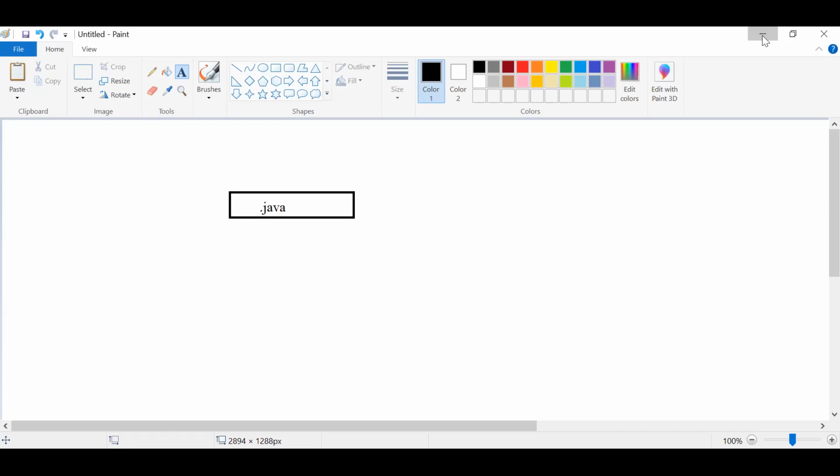Okay, so this way is the identification of that extension. This is the extension or file format. So that is the Java file. This is the Java file actually, that is the dot Java. Okay, and clear. And here we have to create one more.